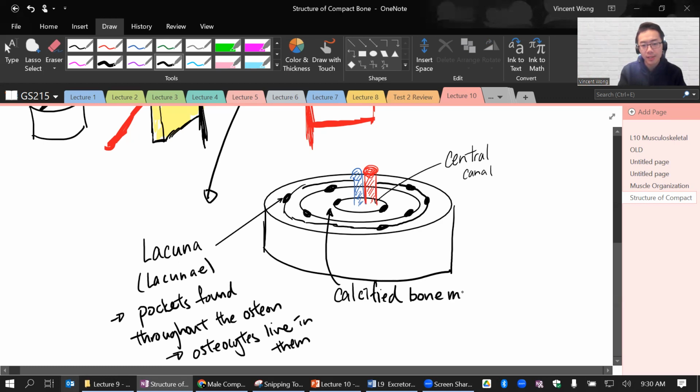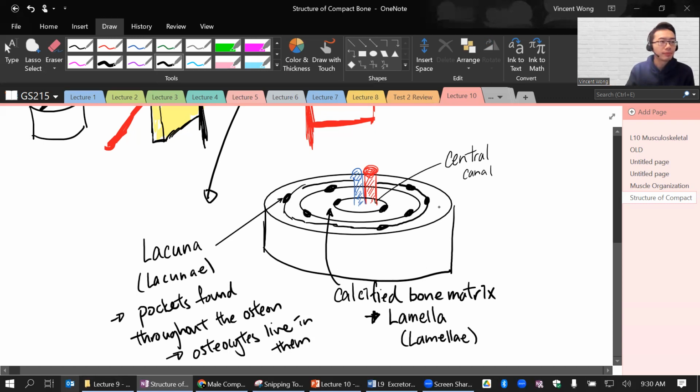Calcified bone matrix maintained by the osteocytes. And it has a name, it's called the lamina. And again, plural is laminae. We're almost there.